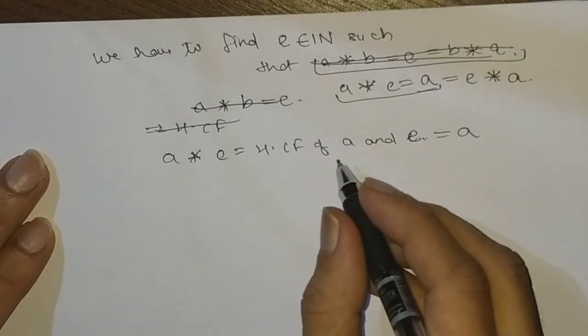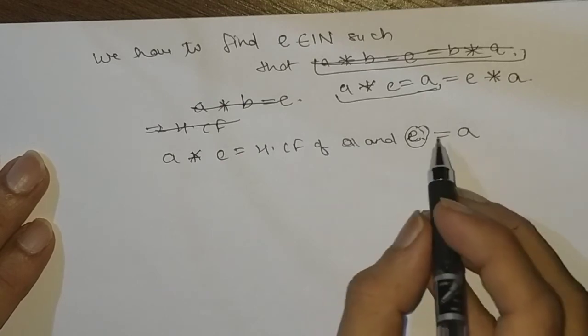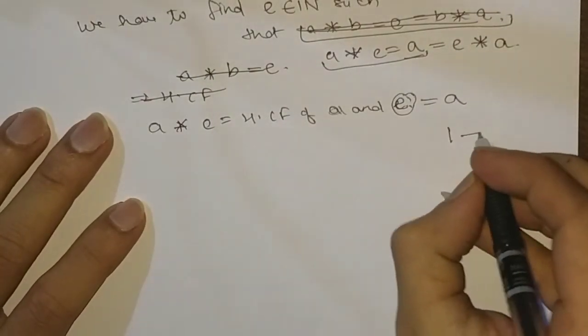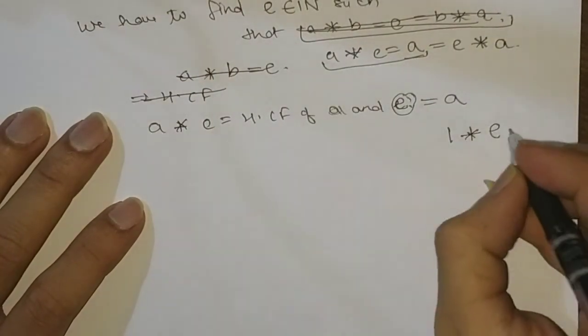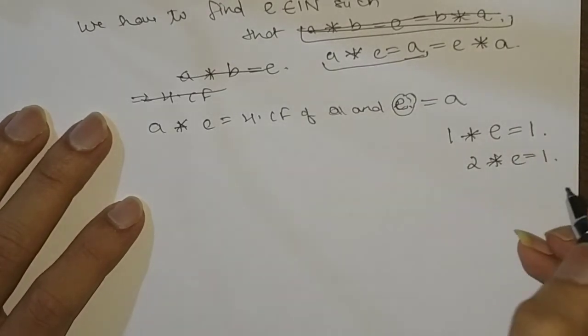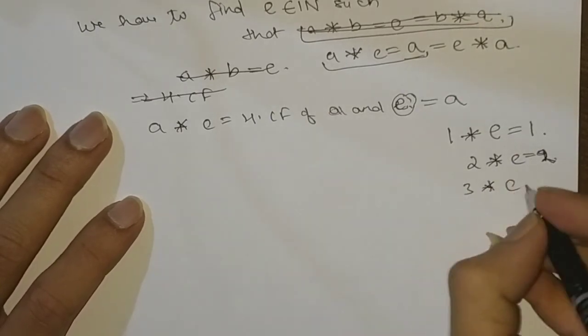Now if you look at any number A, whatever number E you take here, you should get back A. That is, HCF of A and any element E is again A. So 1 star E should be equal to 1, 2 star E should be equal to 2, 3 star E should be equal to 3.